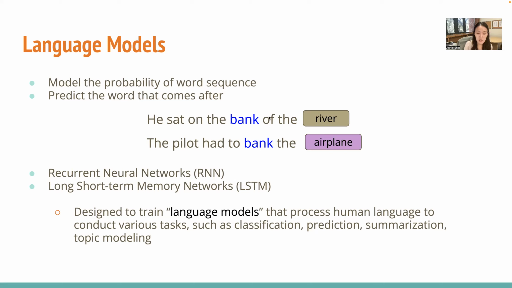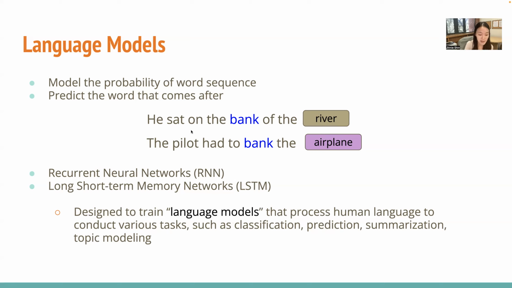So in the case of language generation, these models can predict the next most likely word in a sequence. For example, after "he sat on the bank of the," the RNN or LSTM model will recognize the context of the previous words, such as bank and sat, and then be able to predict the word river, or a similar word, as a probable continuation of the sentence.